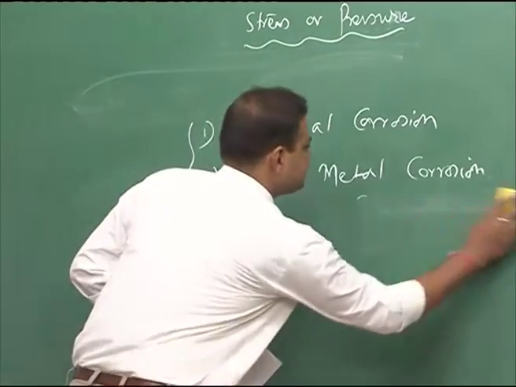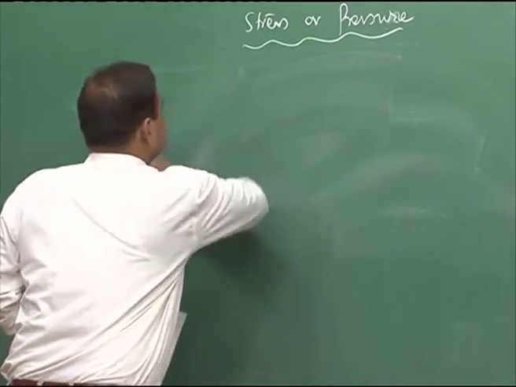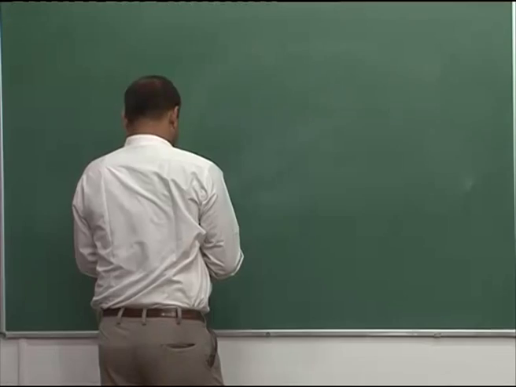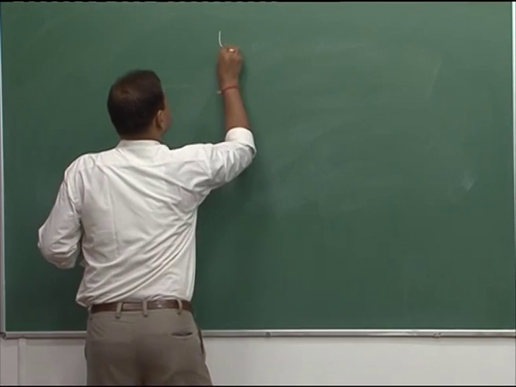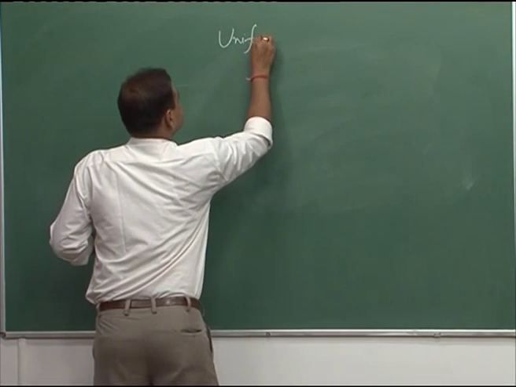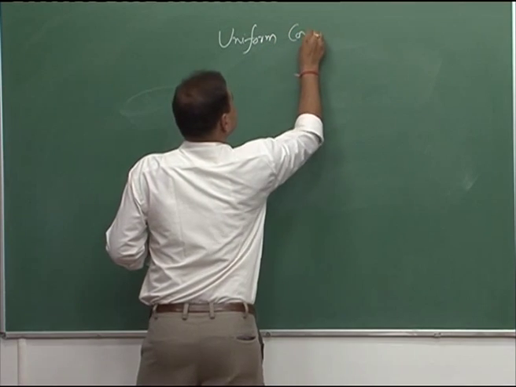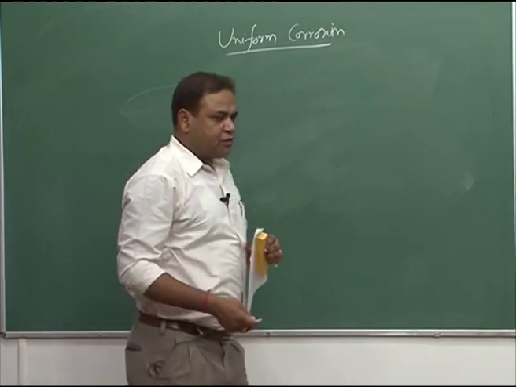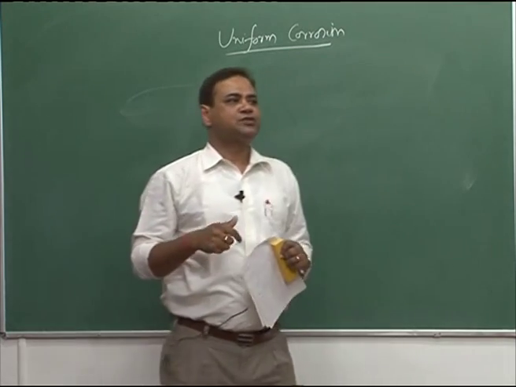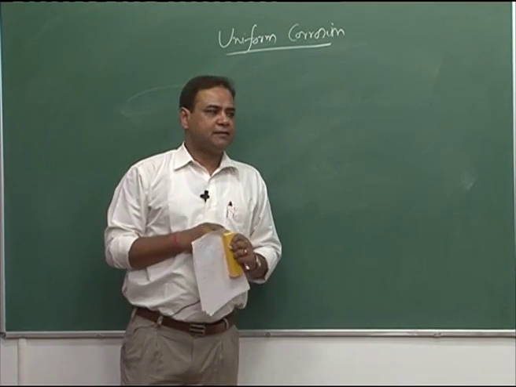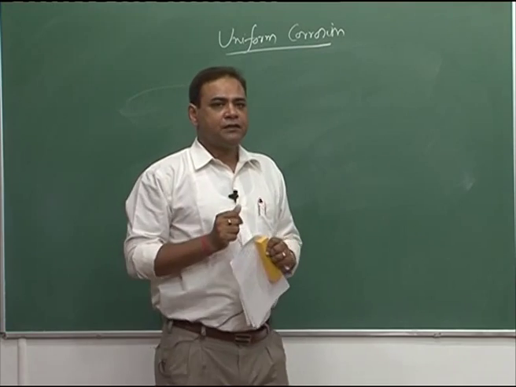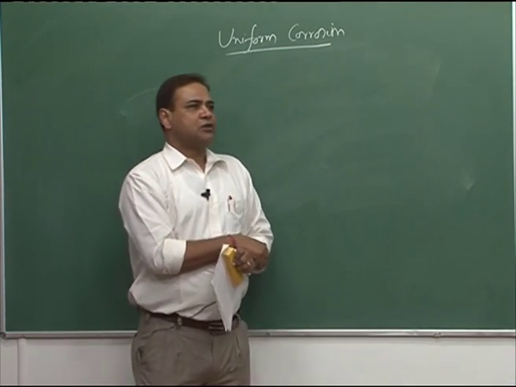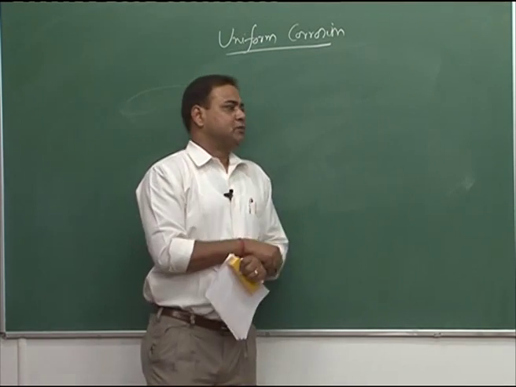First in the list is uniform corrosion. The name suggests that there should not be any localized attack; rather, on a particular metal object, the corrosion would be uniform throughout the entire cross section or the surface of the particular structure.